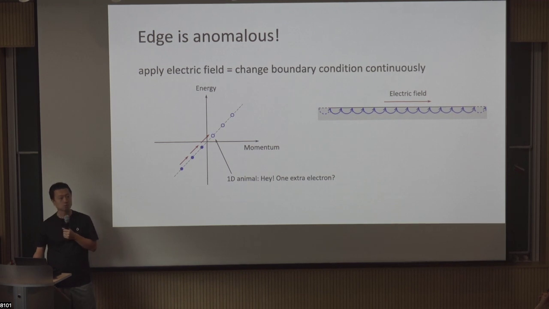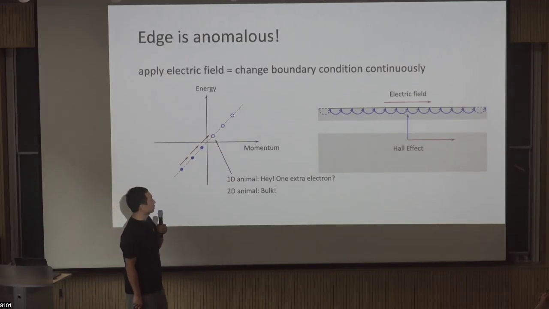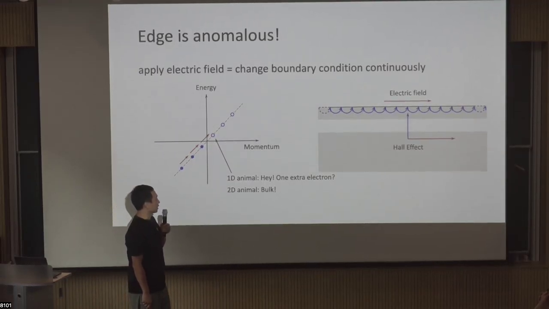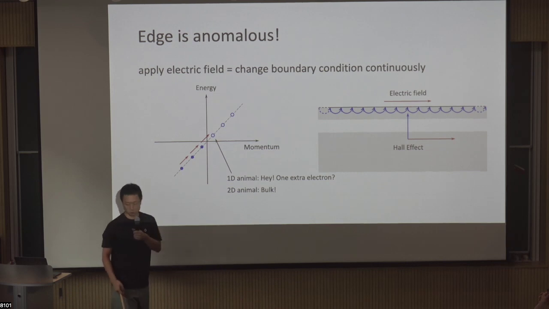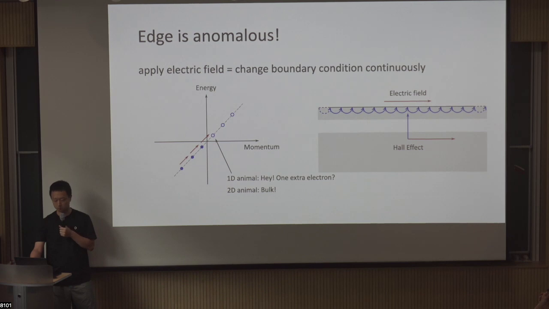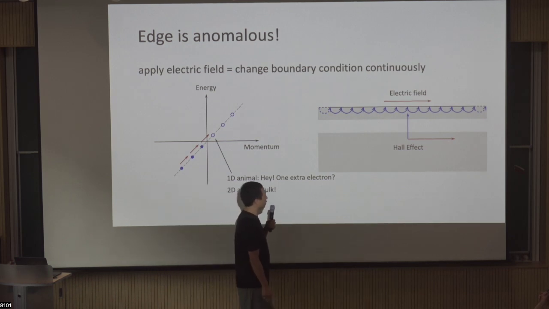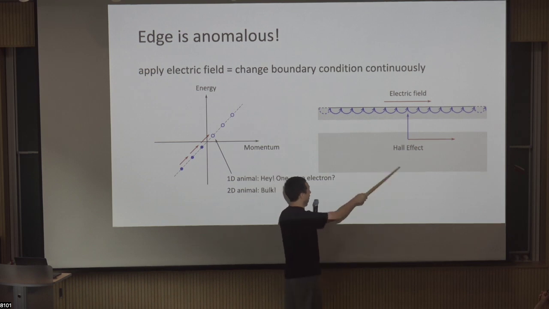So where does the extra charge come from? Well, we at least can see the 2D picture. For the 2D animal, we will see it's actually coming from the bulk. So there's no real contradiction from the 2D perspective. How to see that? One simple way is just to remember we are dealing with a Hall system.